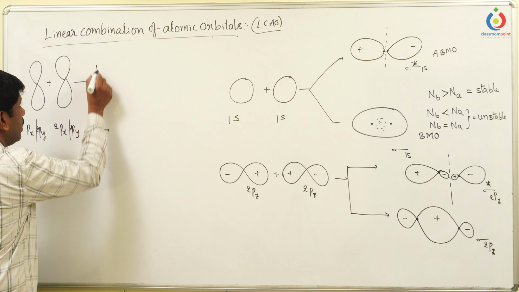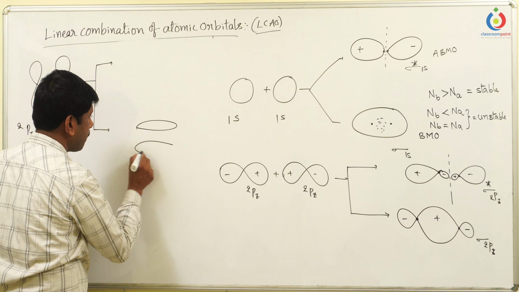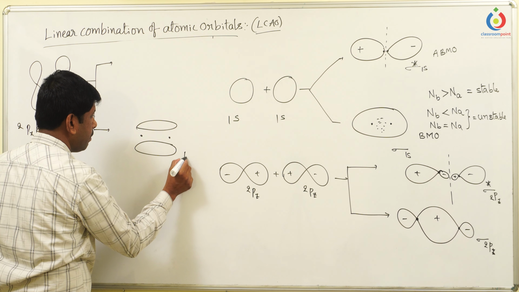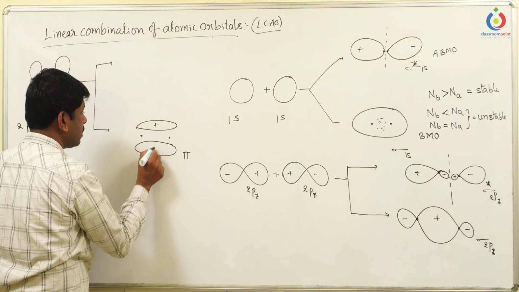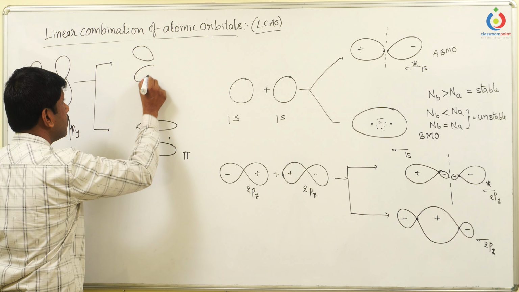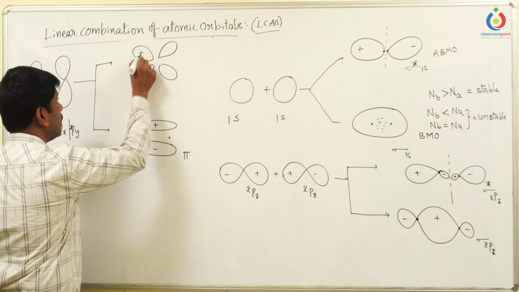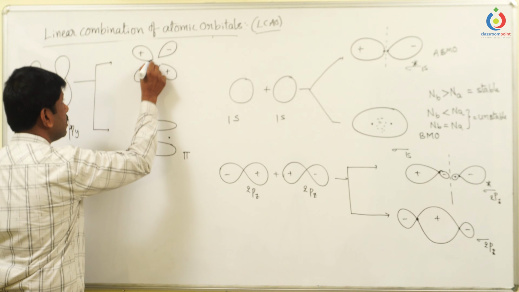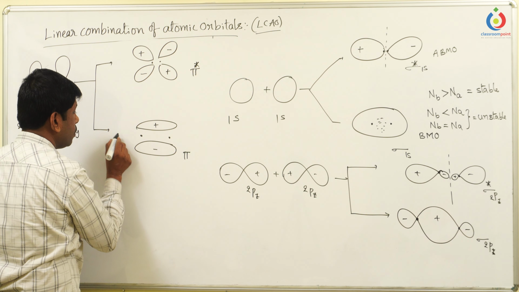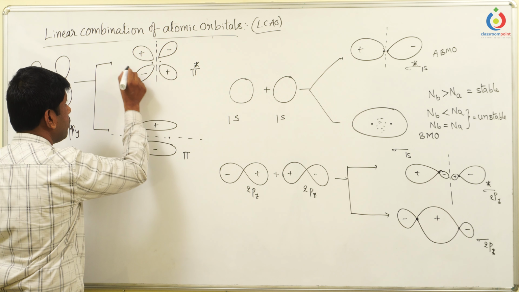So here we can get the pi bond formation, plus and minus, nucleus, and here we get its respective anti-bonding molecular orbital, plus minus and plus, nucleus is present. This is called the pi star orbital. Here one nodal plane is present along the internuclear axis. Here two nodal planes are present.